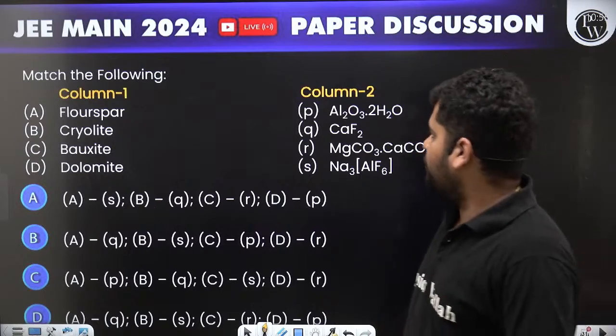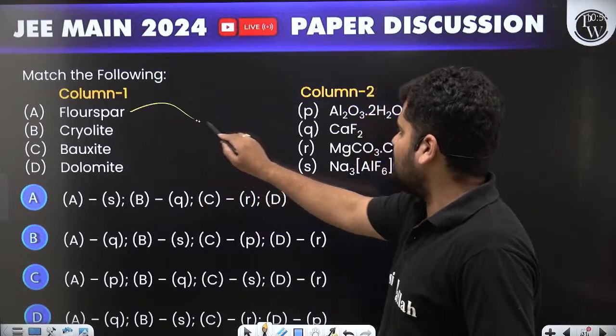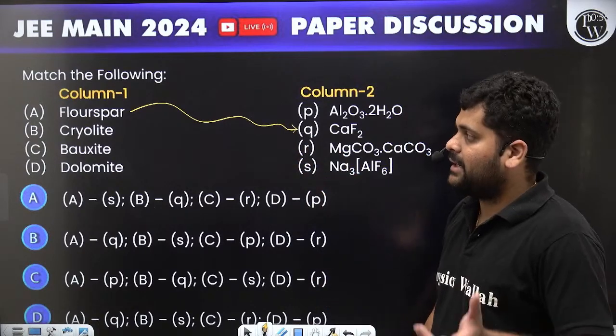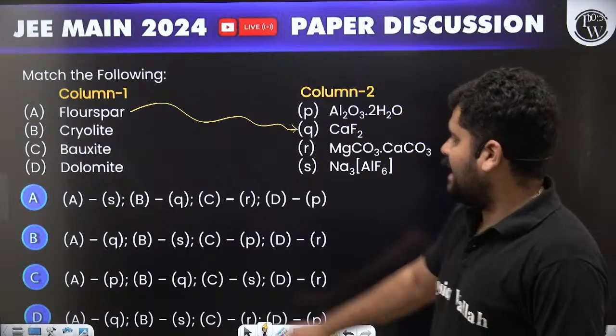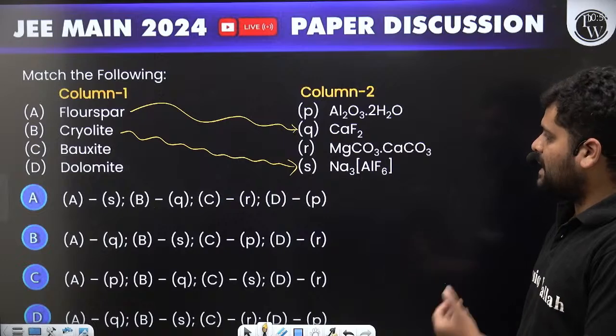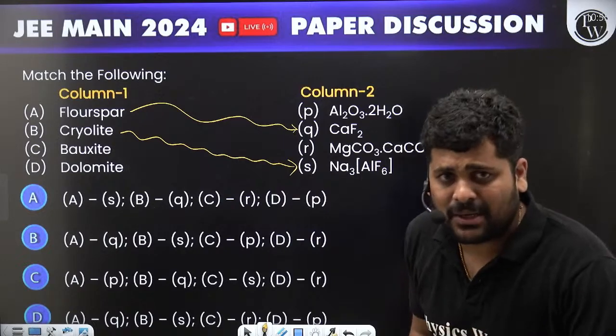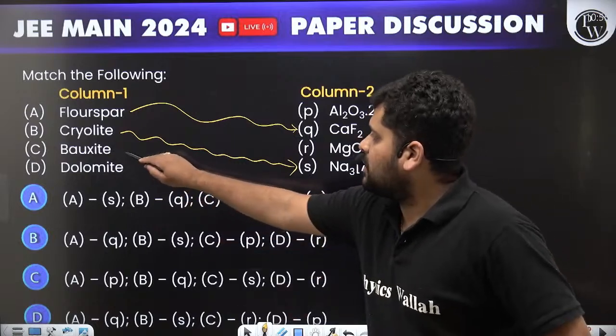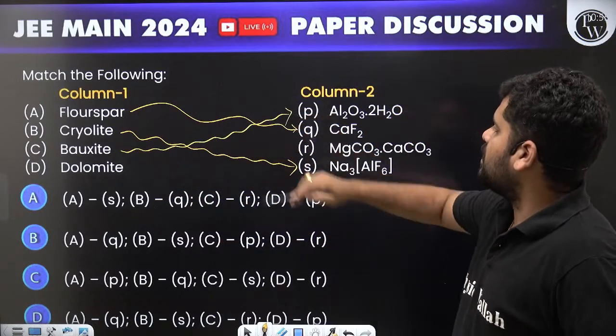See, you have fluorspar, which is CaF2, right? These are the ores of particular elements. Cryolite, Na3AlF6. So A with Q and B with S. Bauxite, you might know at least this. Bauxite is an ore of aluminium, Al2O3·2H2O.